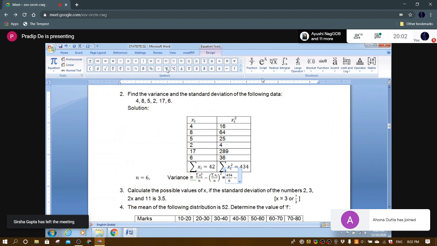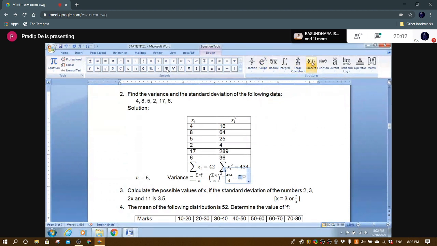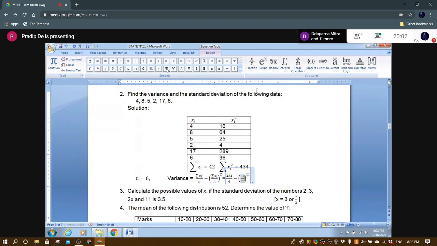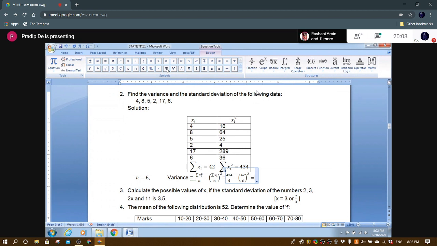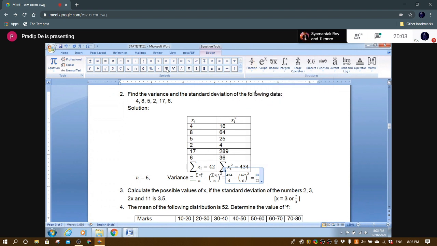That is 7 square. And this is, you said, 70 by 3. Yes, sir. Okay.